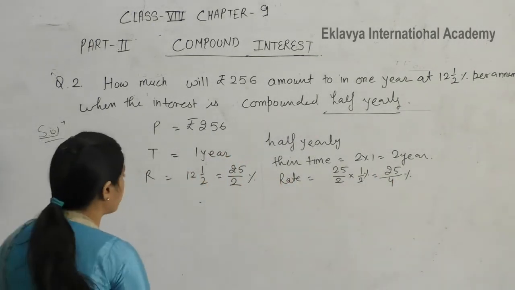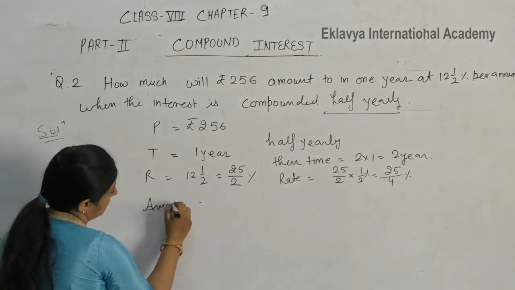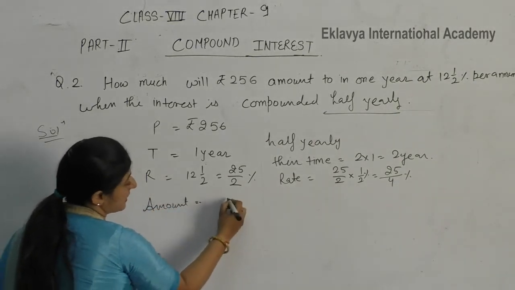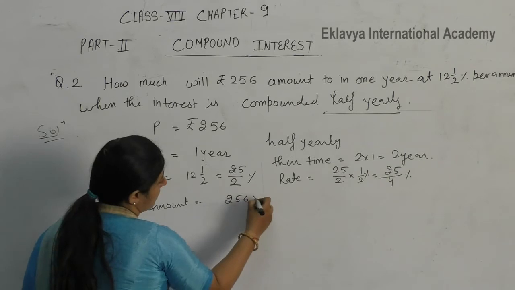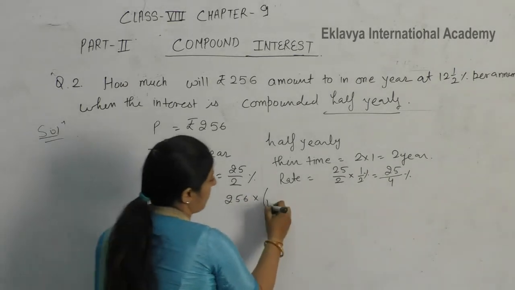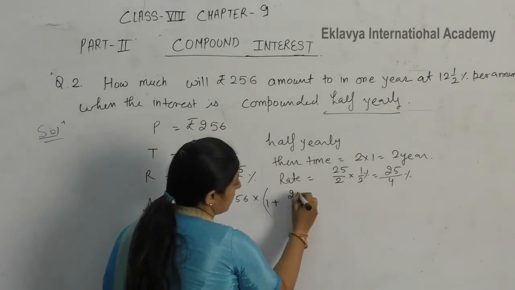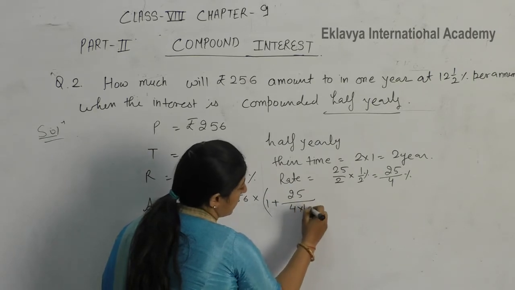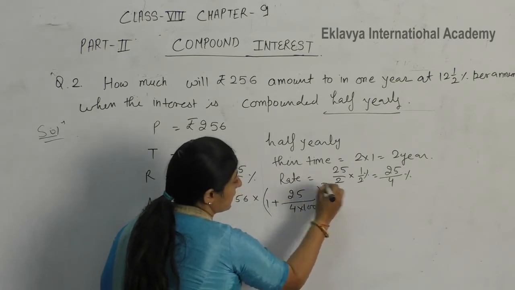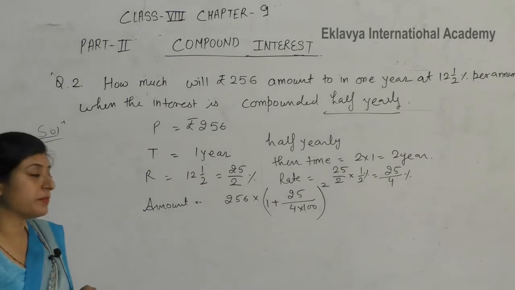So find your amount. Principal multiplied by (1 plus rate divided by 100) to the power time.